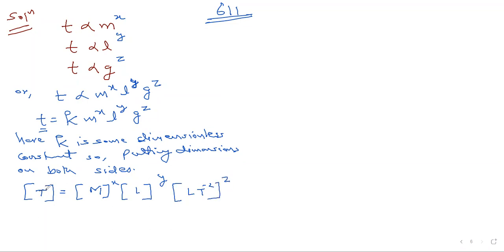You see here you have only T on the left, but on the right you have M, L, T, all three.